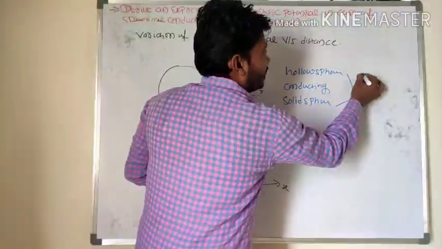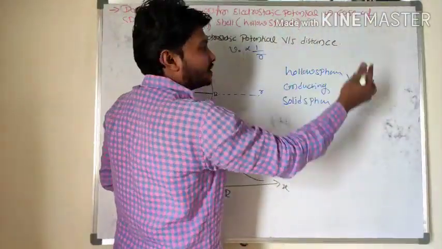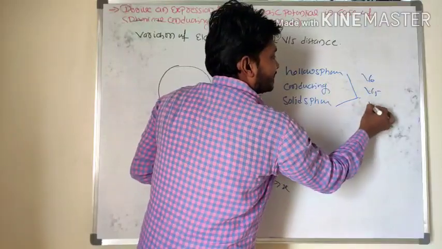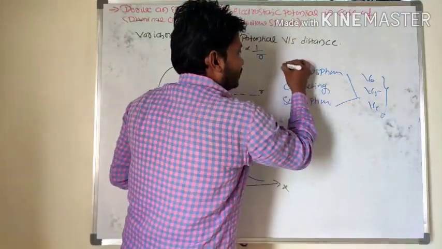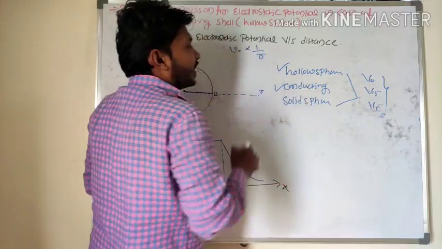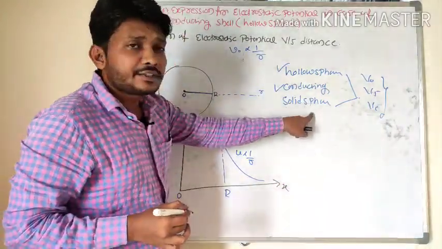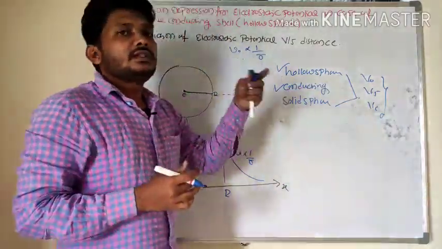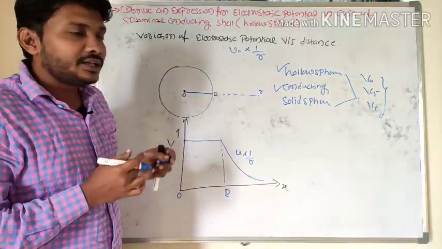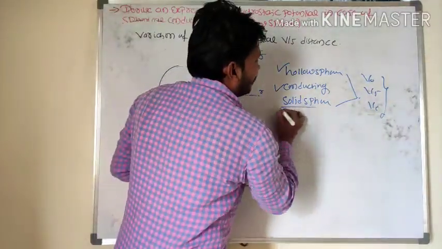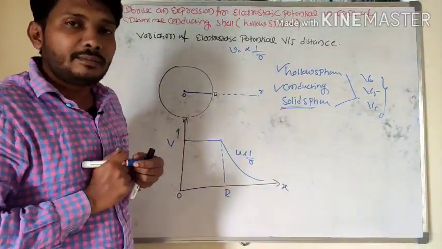Same value means the potential outside the sphere, on the surface and inside. So the hollow sphere and conducting solid sphere have the same values here. Now that value changes a little bit in case of a non-conducting solid sphere. So let me look at that.